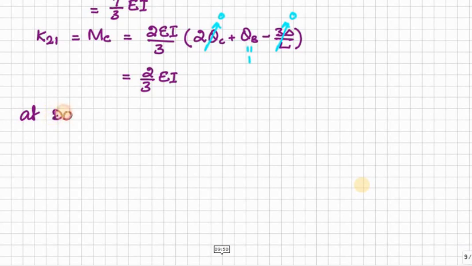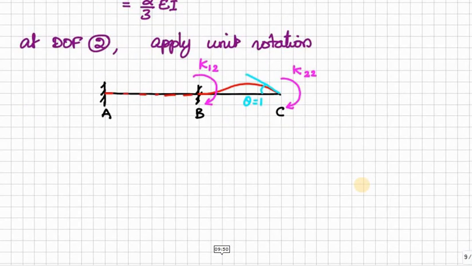Now we have to apply unit rotation at degree of freedom 2, that is at the C joint. The same procedure we have to follow. So this is the diagram after the unit rotation applied at C. Here we have to make the joint fixed, and the force developed at B, that is system coordinate 1, due to the application of unit rotation at system coordinate 2, is nothing but K12.